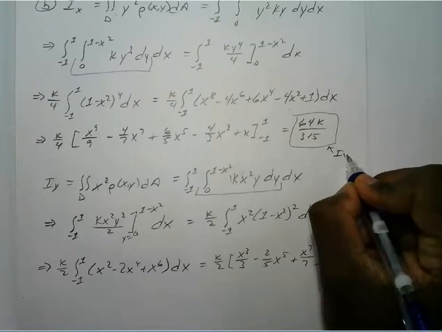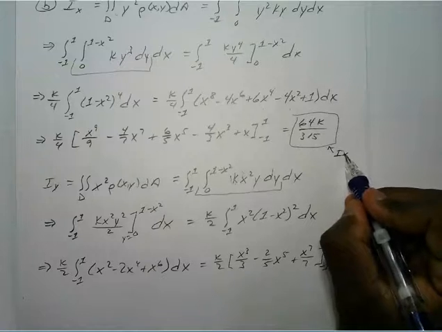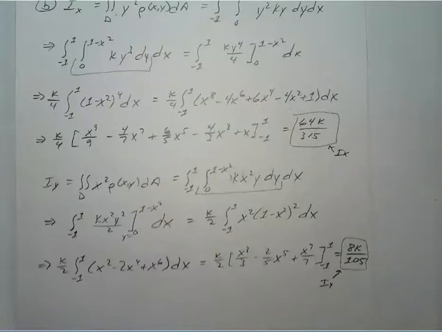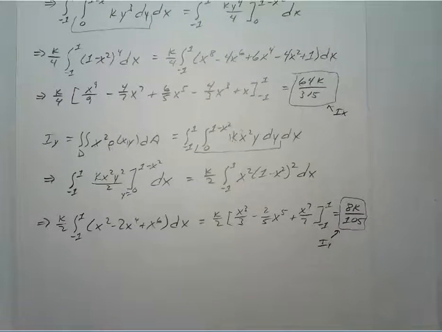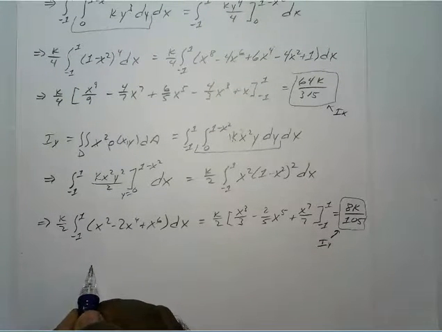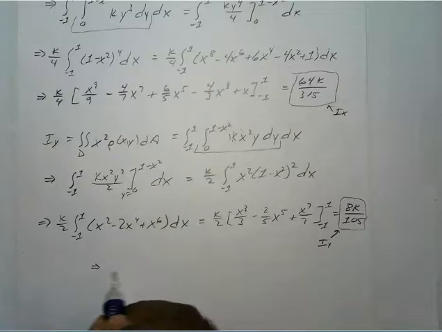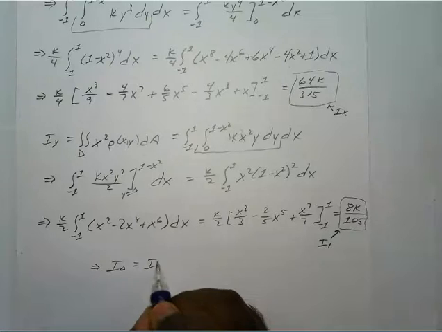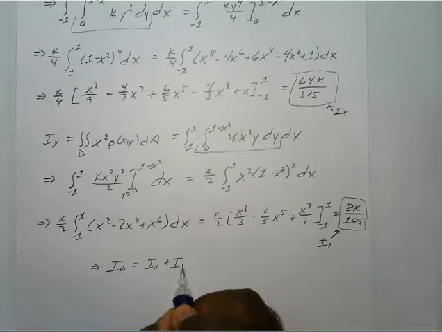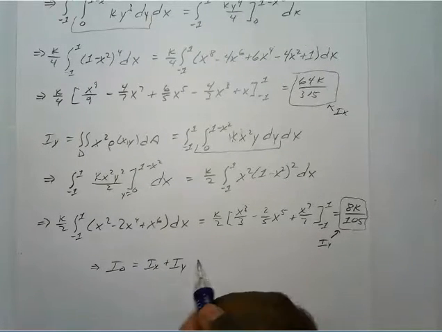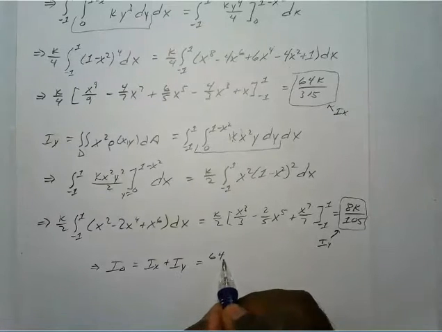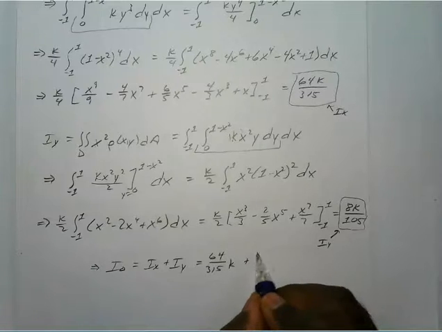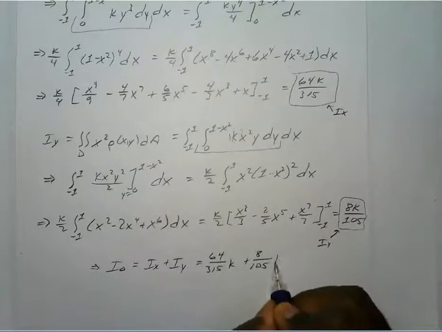Okay, so that's our I sub x and our I sub y. Okay, so that means our polar moment of inertia, which is equal to the sum of our second moments, is 64 over 315k plus 8 over 105k.